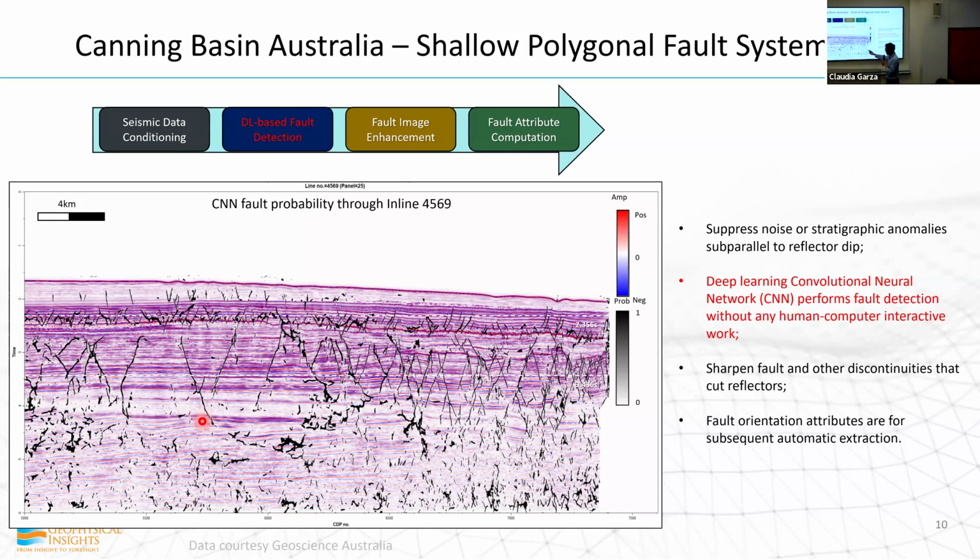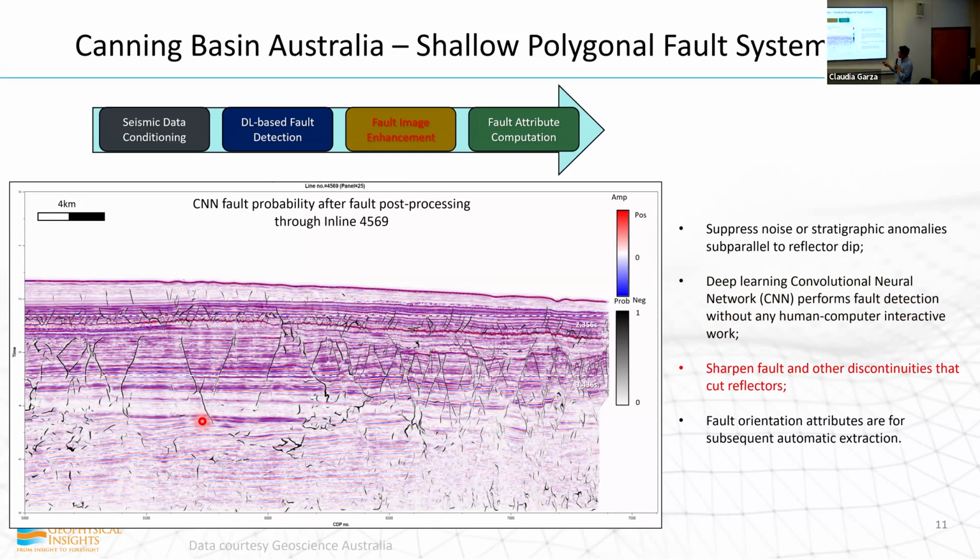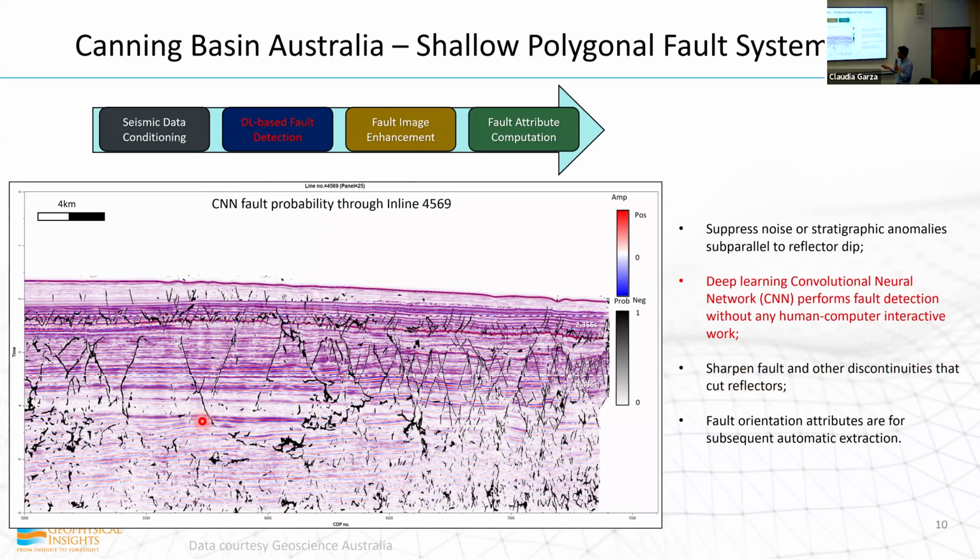However, we still see some false positives over here. Some might be small discontinuities, some may just be false positives. I want to reject those using our fault image enhancement. So the next slide is the fault image enhanced, fault detection result.